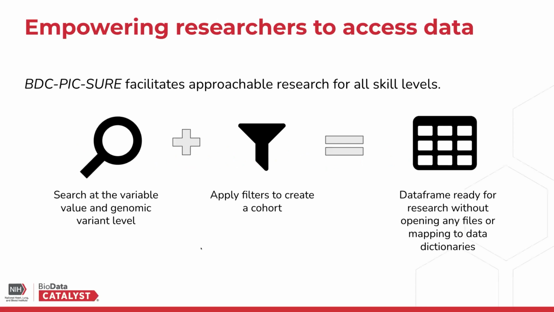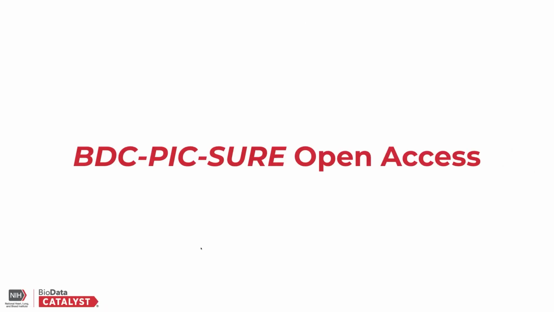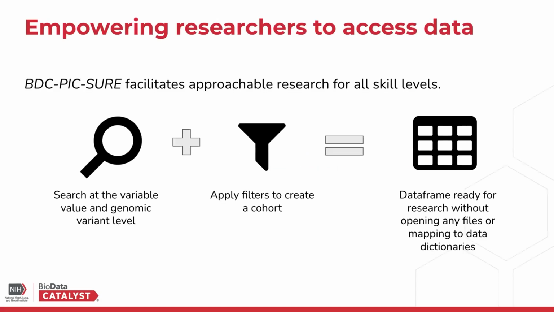All right, so moving forward. Before you get data access, how can you discover data or see if there is a data set that's of interest to you? One of the tools available is called PIC-SURE Open Access. To get everybody on the same page, in case you haven't heard of PIC-SURE before, PIC-SURE has the mission to empower researchers to access data.